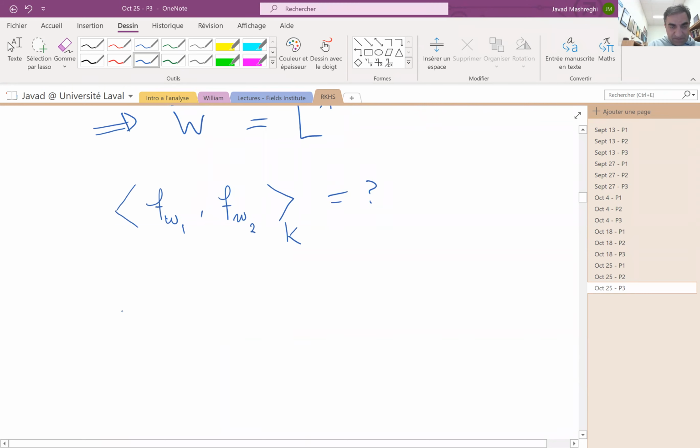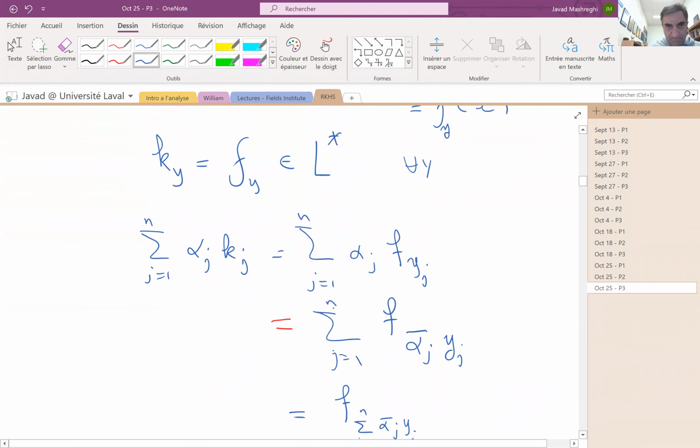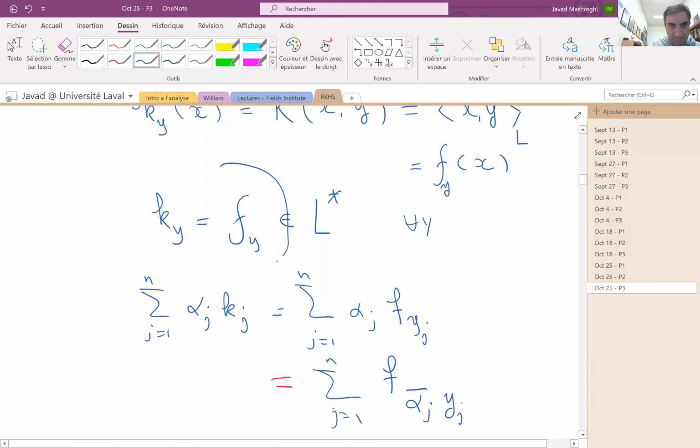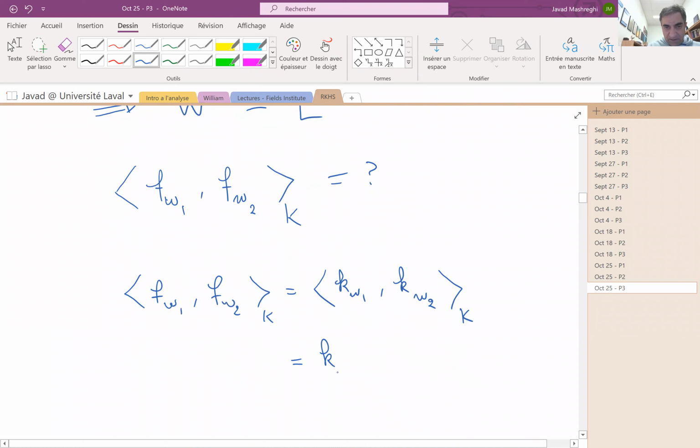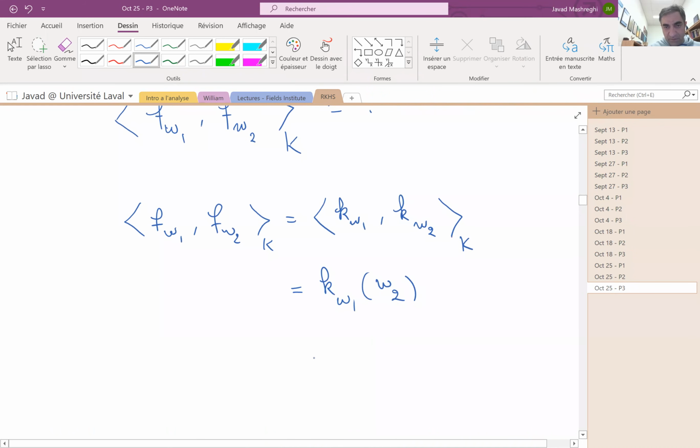Well, by what we have here, this is equal to the kernel function at point w1, the kernel function at point w2 in K. And this is K of w1 at point w2, which we know is capital K at point w2, w1.